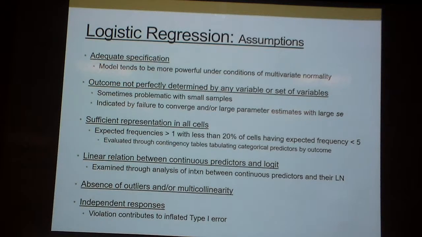What we're gonna do here is run through, not necessarily a 2x2, but run through our tables comparing our categorical predictors by our outcome. What we want to have is expected frequencies greater than 1, and less than 20% of our cells having expected frequencies less than 5.